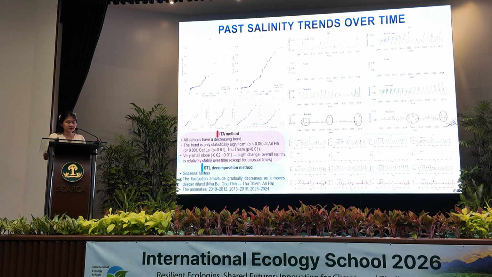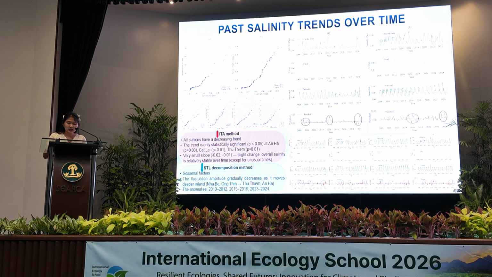And the results. Regarding the trend of salinity over time, the study applied 2 methods: innovative trend analysis and seasonal trend analysis (LOESS). The ITA method showed a decreasing trend of salinity at all stations, but this trend was only statistically significant at An Hạ, Cát Lái, and Thủ Thiêm stations.